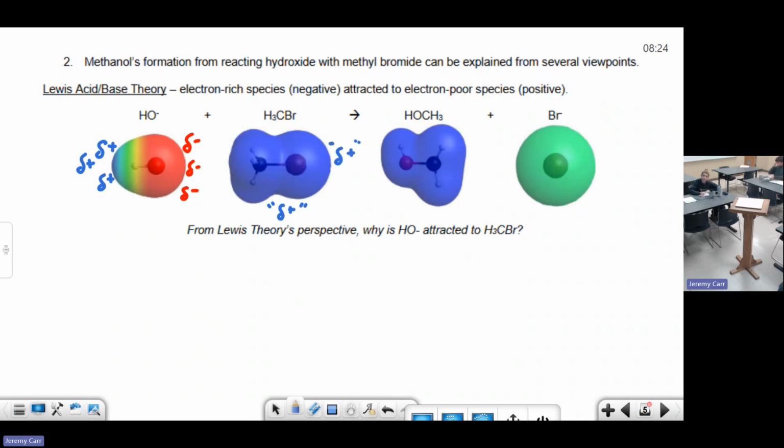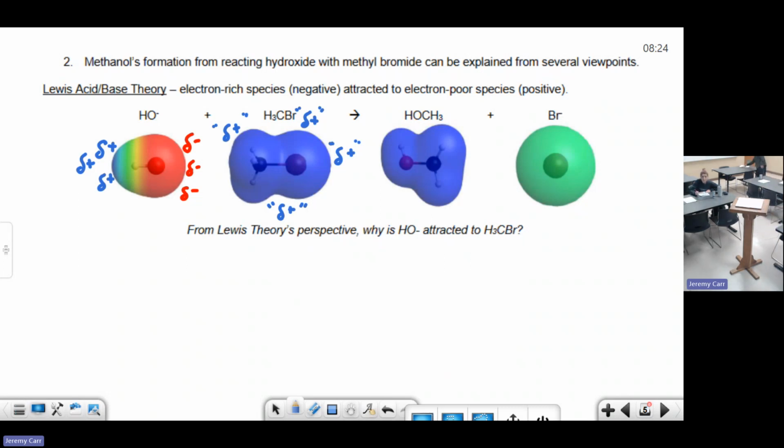Remember, electron deficiency is really what sort of an effect? It's really an electronegativity effect, right? And so since we're not really dealing with any electronegative atoms in methyl bromide, bromine's not an electronegative atom, you have to kind of think about the entire electron density as it relates to the hydroxide. And what hydroxide sees is a giant ball of partially positive charge.